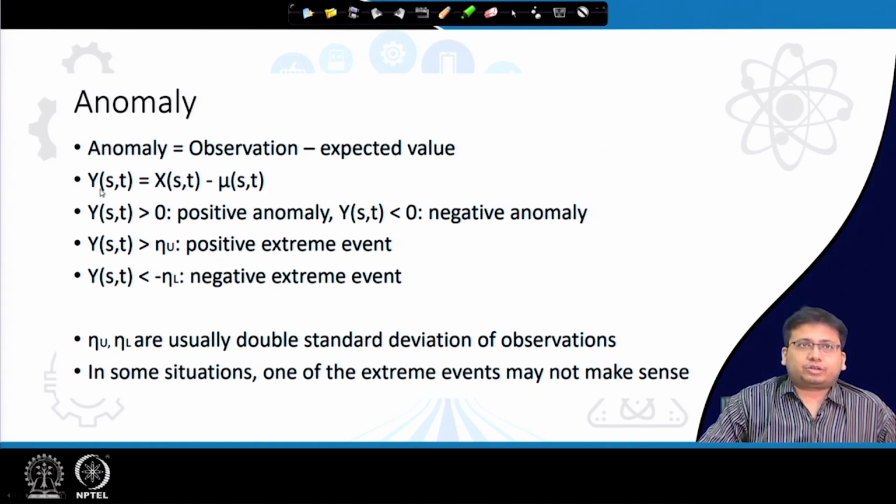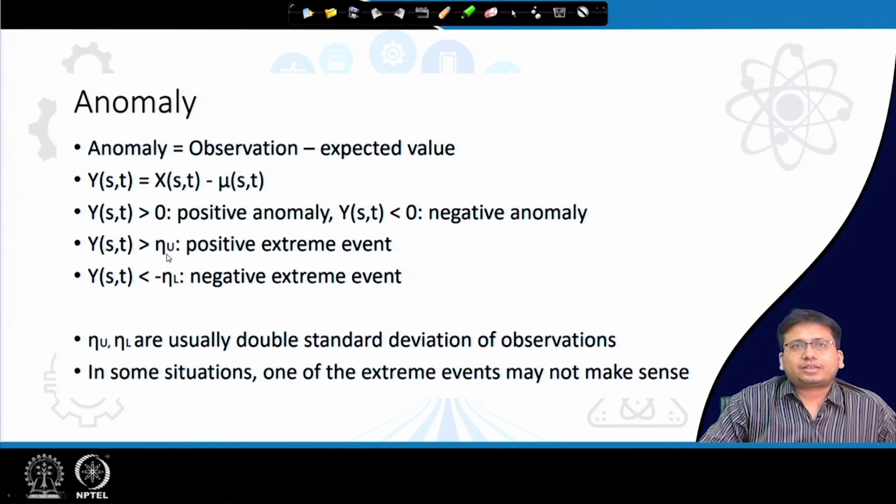By subtracting them, what we get is y of st. If y of st is positive, then we call it a positive anomaly, and if it is negative, we call it a negative anomaly. However, if the anomaly is above a particular threshold, let us call it nu, then we may call it a positive extreme. Similarly, if it is a negative anomaly and it is below some particular negative threshold, then we can call it a negative extreme.